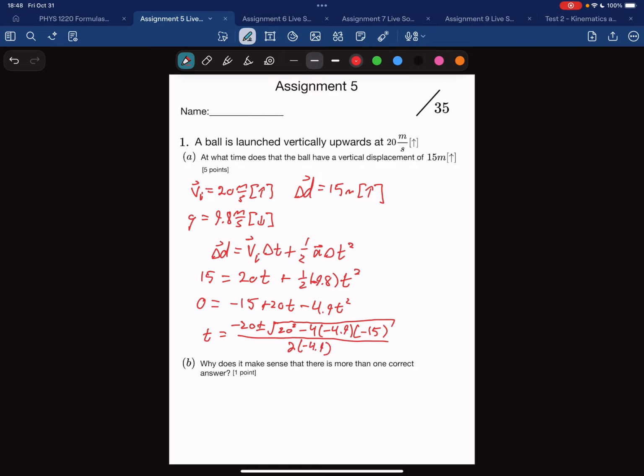And solving this gives us two solutions. I'll do one in green, one in blue. One of them is t equals 0.99 seconds, and the other gives us t equals 3.1 seconds. So here we end up actually getting two solutions.